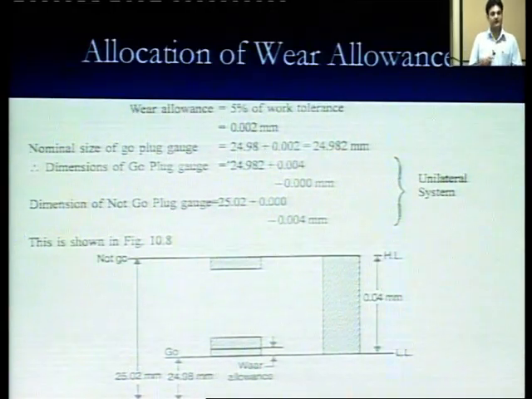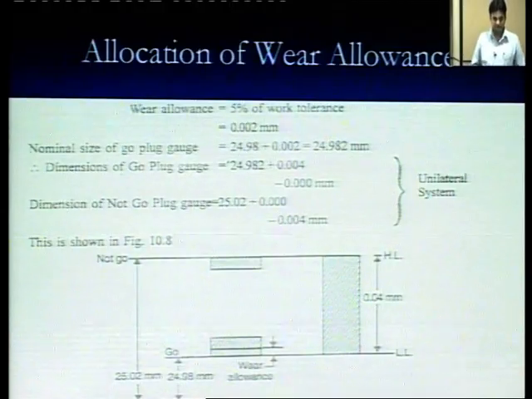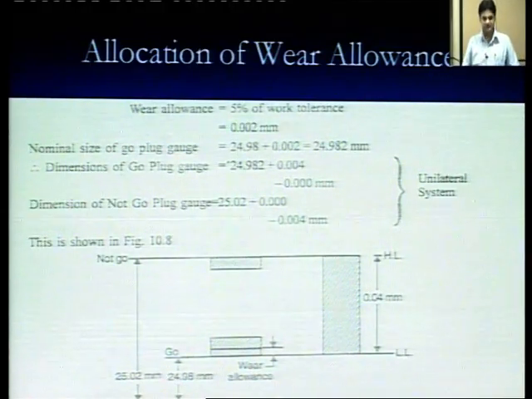Similarly, for the dimension of the not go plug gauge, it will be 25.02, upper limit 0.000 and lower limit minus 0.004 mm. I have shown in the diagram that the wear allowance that we are considering has to be taken into consideration.